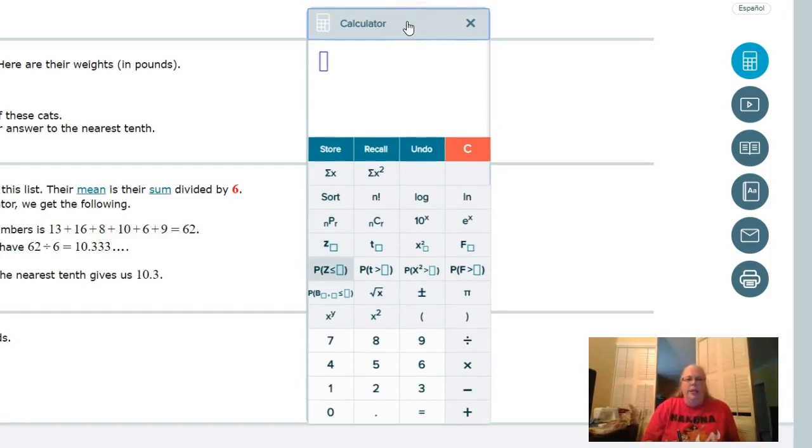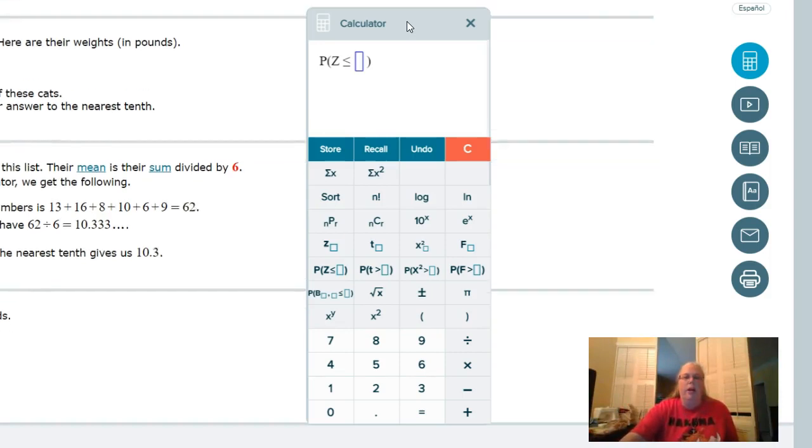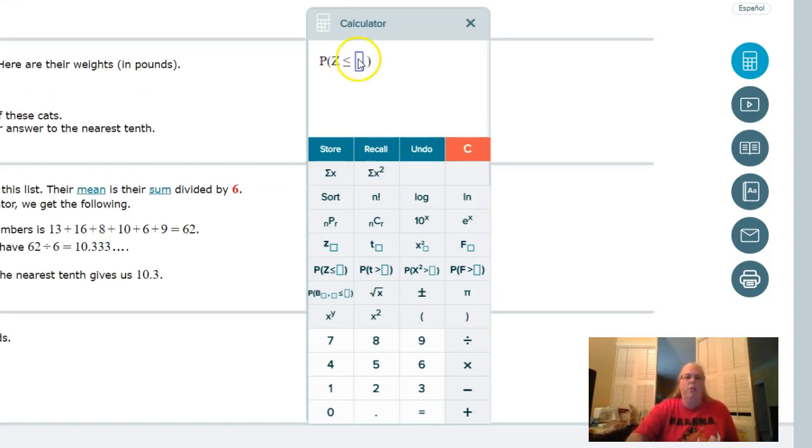All right, down here, you'll notice we have P of Z less than or equal to. This is the part we're going to use if we want to find the probability that the area under the curve is less than or equal to some z-score. Now, in our case, we wanted 0.8839, because that is the z-score that we calculated for it.